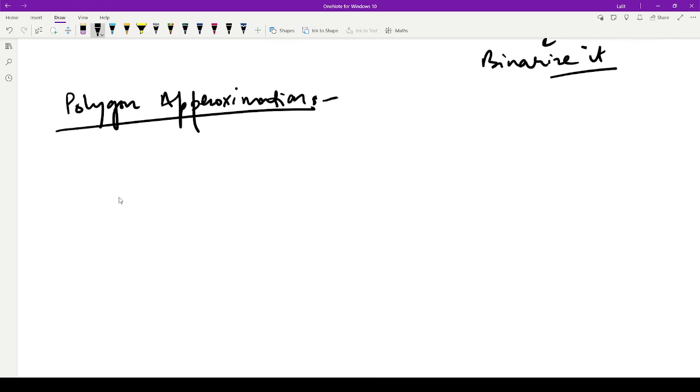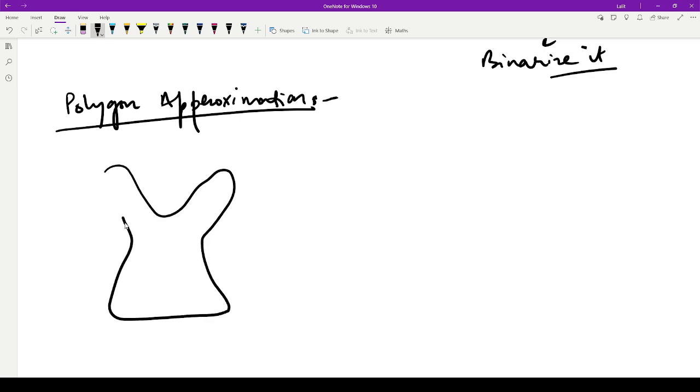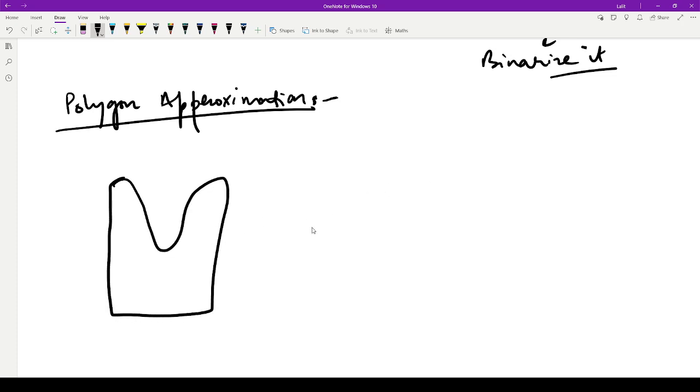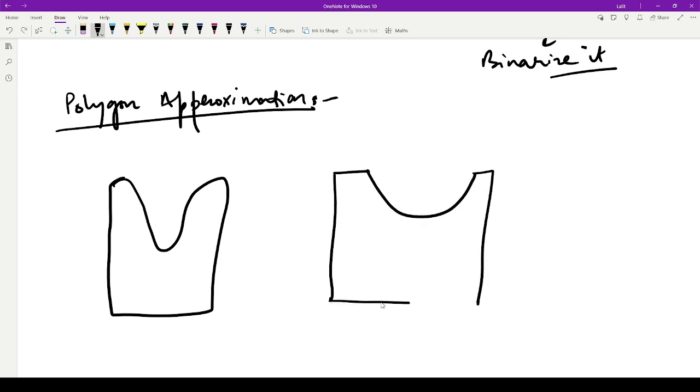So if you have a weird shape, I'll use almost the same shape which was used in the class. If you have a weird shape like this, then you might want to approximate it with something like this, given the way you defined your polygon.